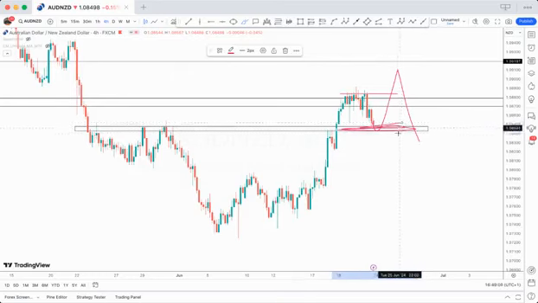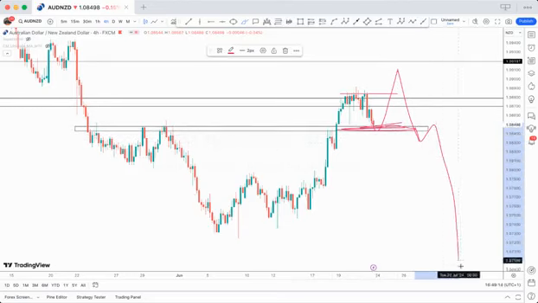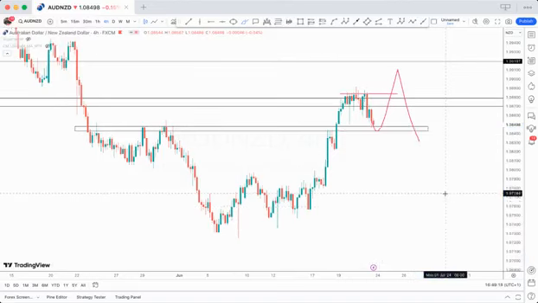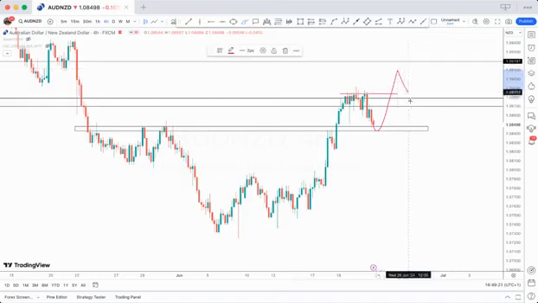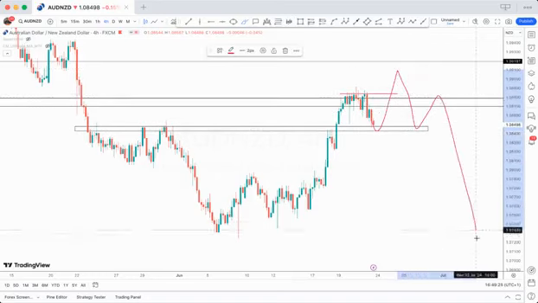We have broken out of the structure, and then we are going to place a trade after a retest and then a continuation to the downside. And at the same time, we could also still have price giving us some head and shoulders pattern, something like this. There are so many opportunities that can arrive, and this is only when you are able to exercise patience.